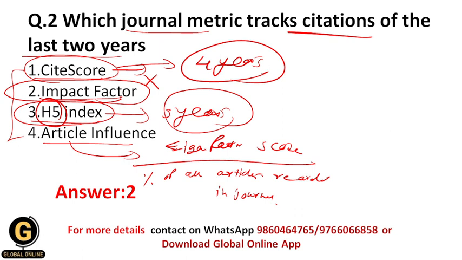So students, the simple formula for article influence is eigenfactor score divided by the percentage of all articles recorded in the journal citation reports that were published in a specific journal.